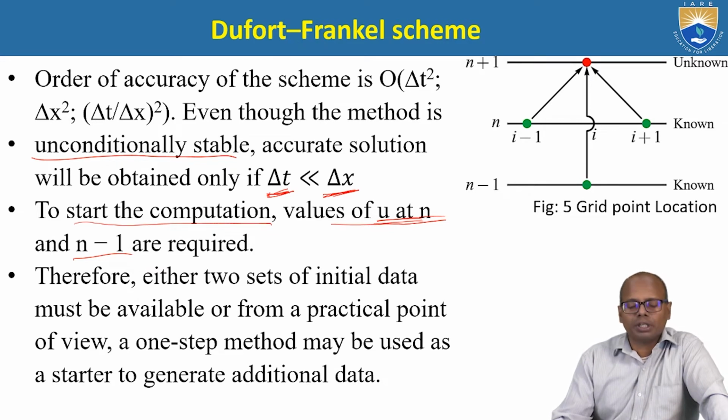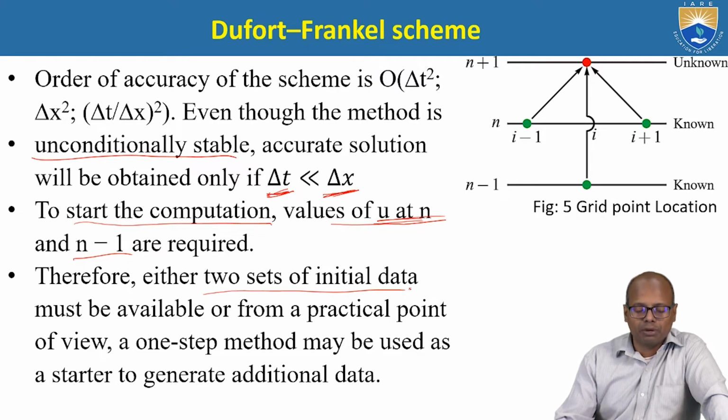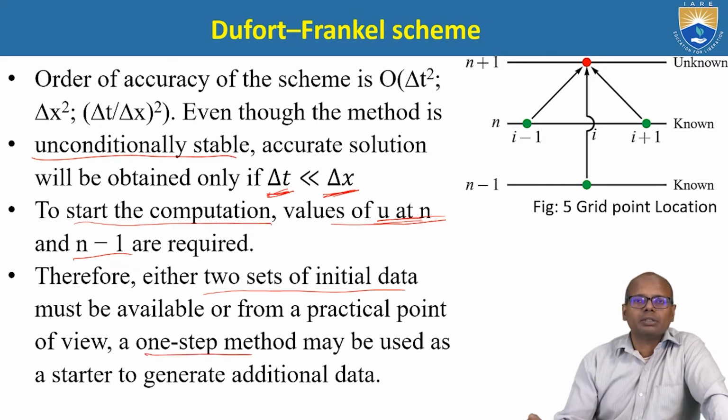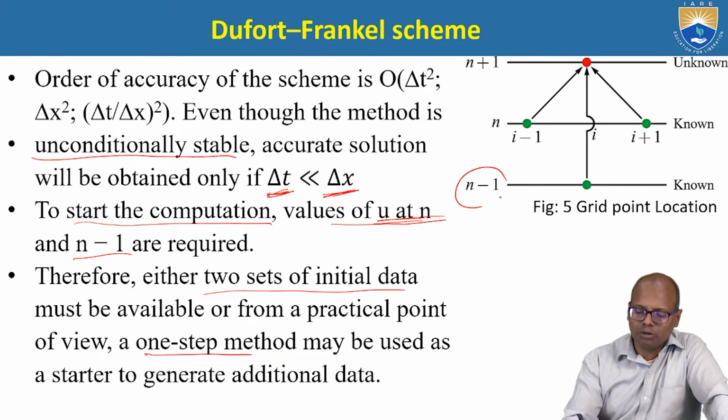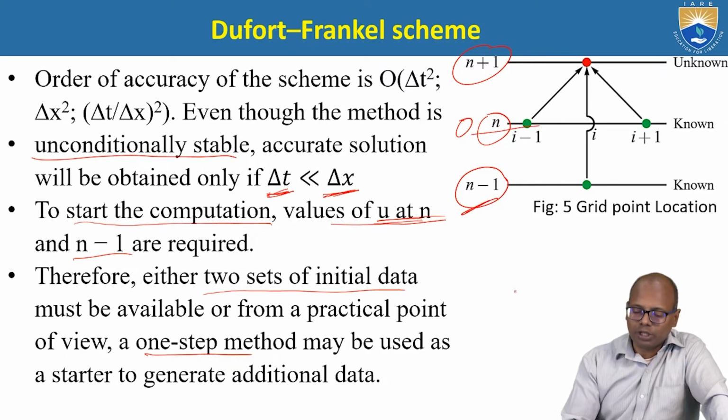So suppose this is n minus 1, this is n and n plus 1. This is 0, I am starting, this is the first iteration I am doing. I have only one value. I don't have a value prior to that.